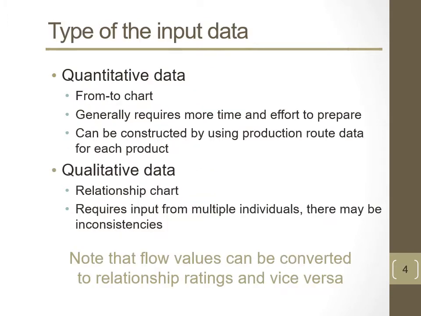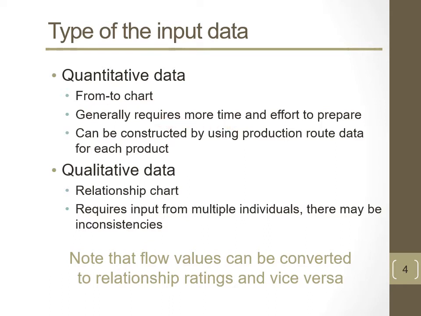The first classification criterion is the type of input data. We said that it can be either quantitative data or qualitative data. For quantitative data, the main input is the data summarized in from-to charts. Preparing from-to charts generally requires more time and effort.